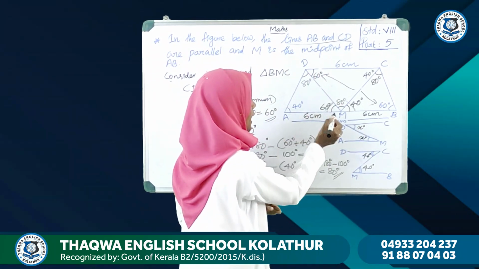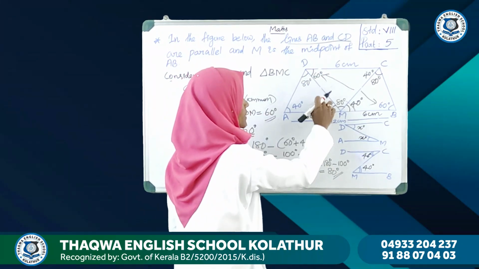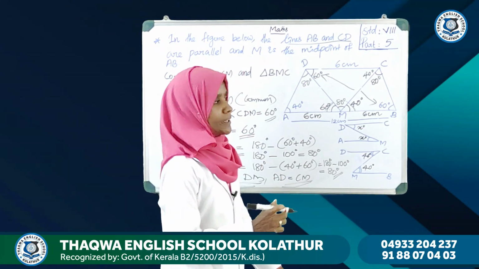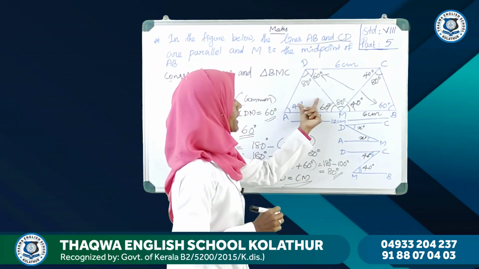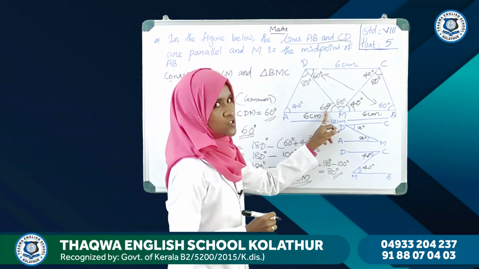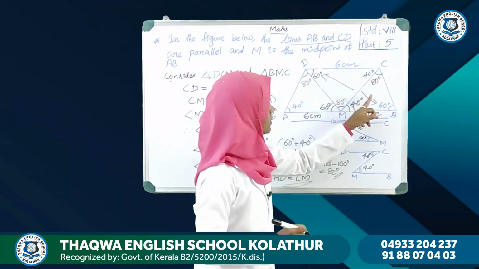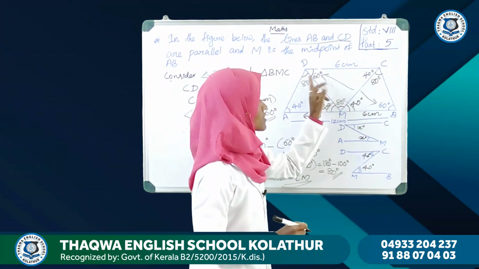Now we can write angle AMD is also 60 degree. These two are the alternate angles. Okay. So angle ADM is 180 minus 40 plus 60. That is 80 degree. Then this triangle 40, 80, 60.